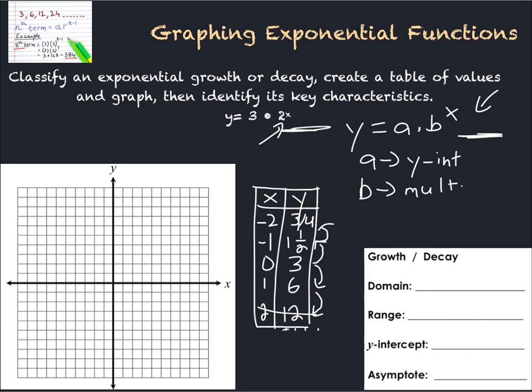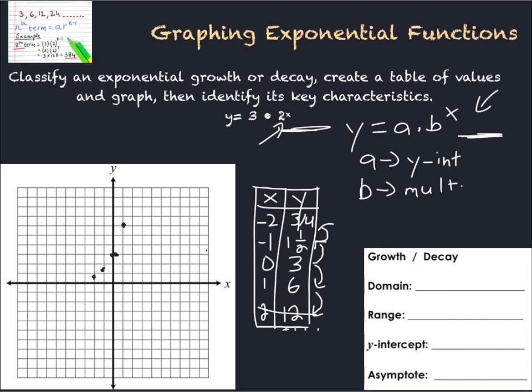So at 0, our y-intercept is going to be 3, so that would be right here. At 1, we have 6. At -1, we have 1 1/2, which would be right here. At -2, we have 3/4, which would be somewhere around here.